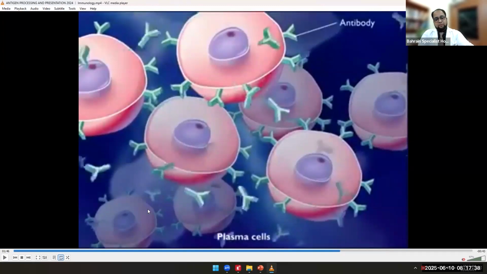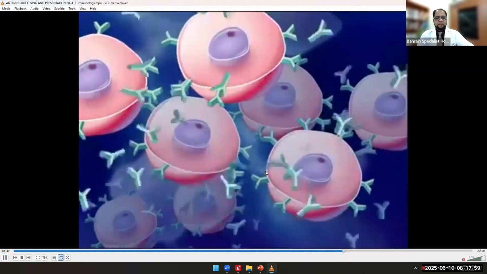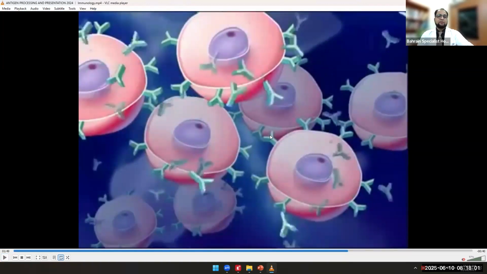And once these plasma cells are released, they enter the germinal center, and the follicular T helper cells, which are there in the germinal center, also now mediate the class switching of the antibodies. Now here the antibody generation, which is happening at a massive level, is called class switching, and the selection of immunoglobulin. This will be taking place in the germinal center.